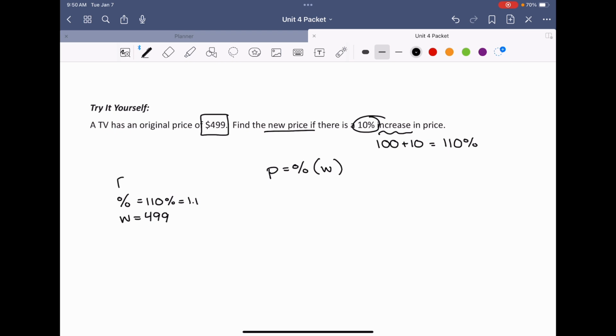And I am finding the new amount, so I'm finding the part. So x equals 1.1 times 499, multiply out to solve, 548.9, and since this is money, we're going to round to the nearest cent, so we should have $548.90.